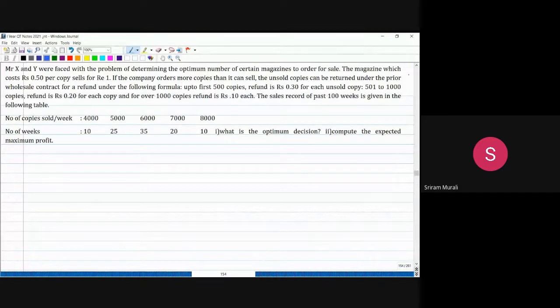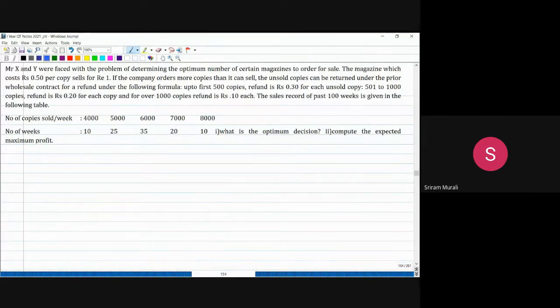Unsold copies can be returned under the prior wholesale contract for a refund under the following formula. Up to the first 500 copies, refund is 0.30. Unsold copy 500 to 1000, refund is 0.20 rupees. For over 1000 copies, if not sold out, the refund is 10 paise.